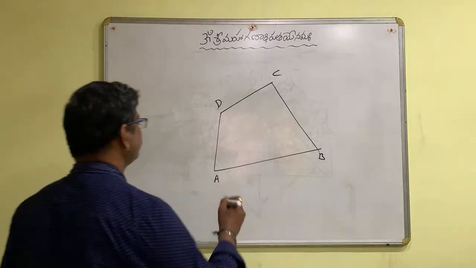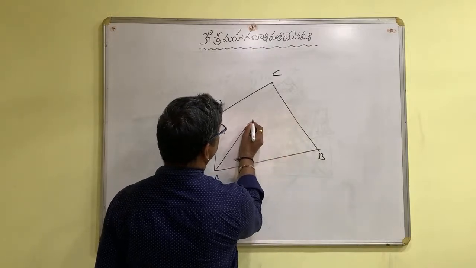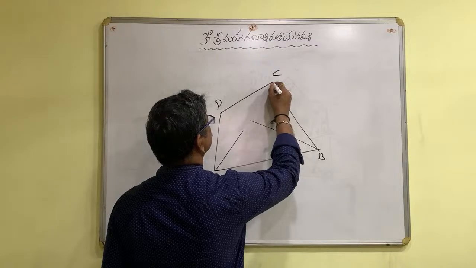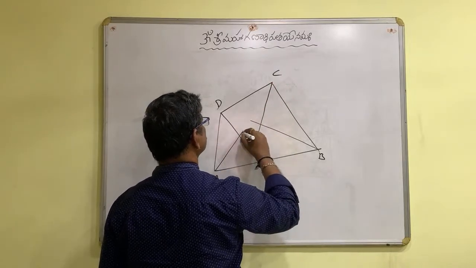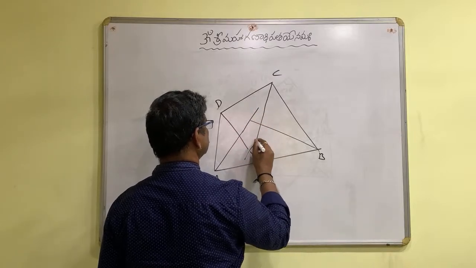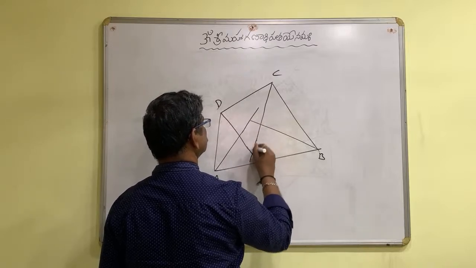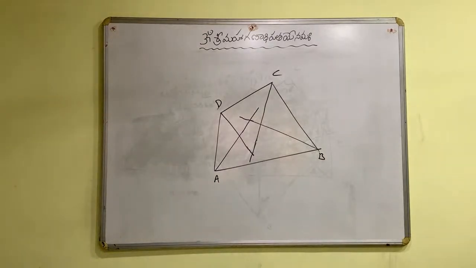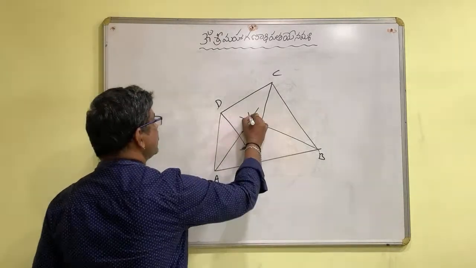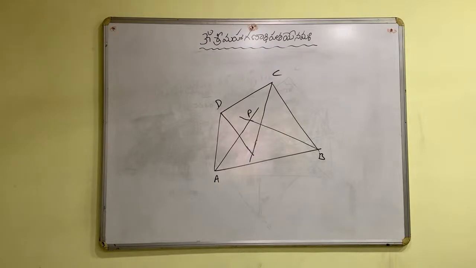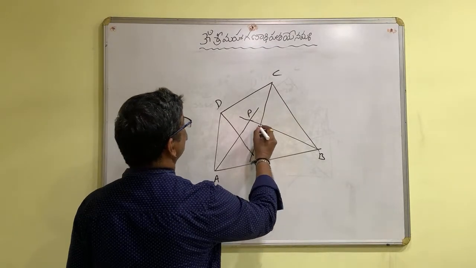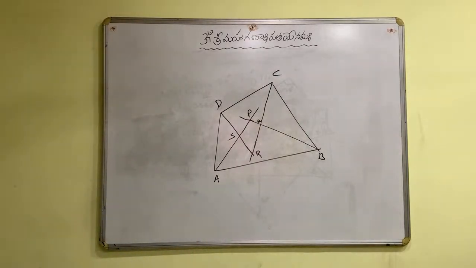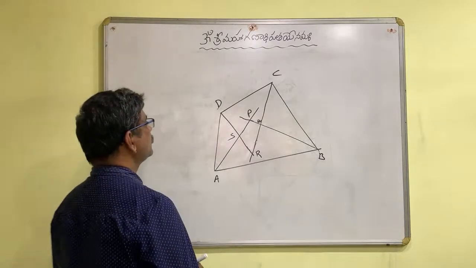Now, if the bisectors of this quadrilateral, angle A, angle B at P. So this is P. Angle B, angle C, Q. R, S. Now what can you say about PQRS quadrilateral?